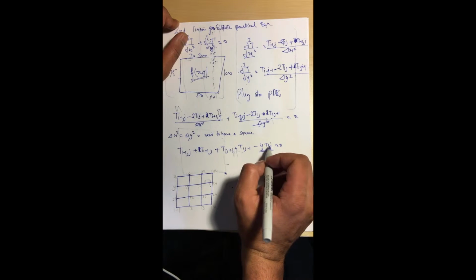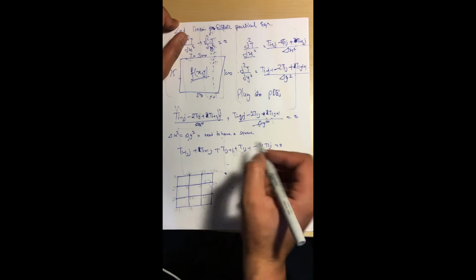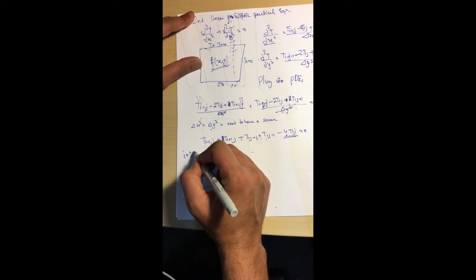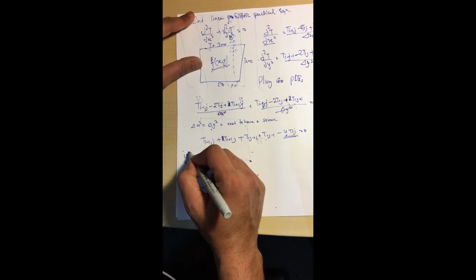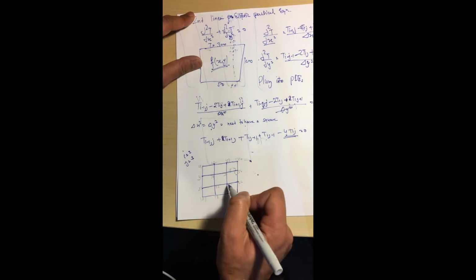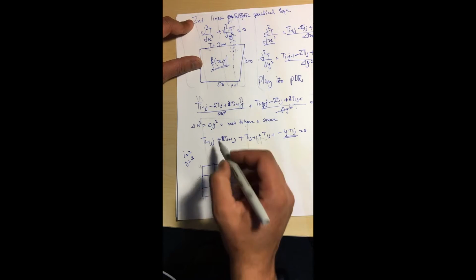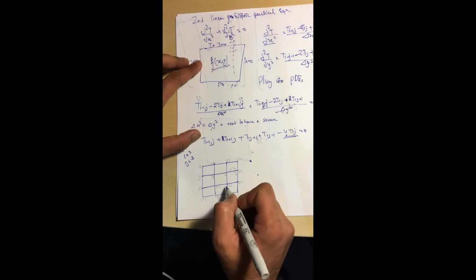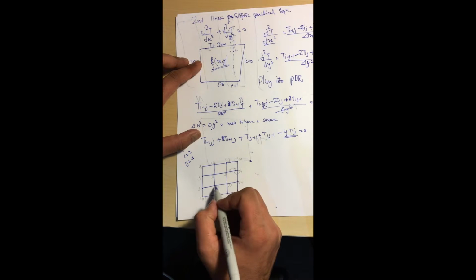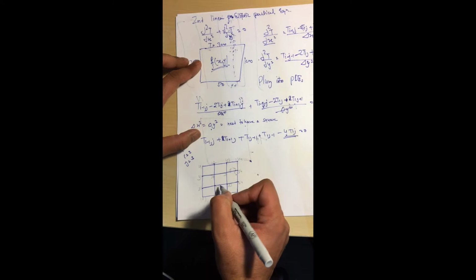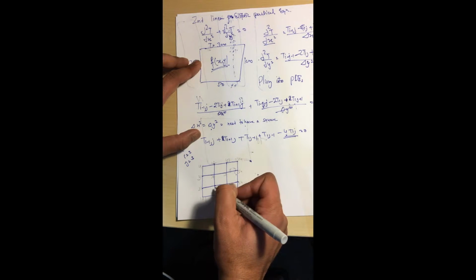Let's take an example where i is 2 and j is 3. So (2,3) is this point. T(i-1,j) will be this point because we are moving along the x direction and doing 1 minus in our x direction.